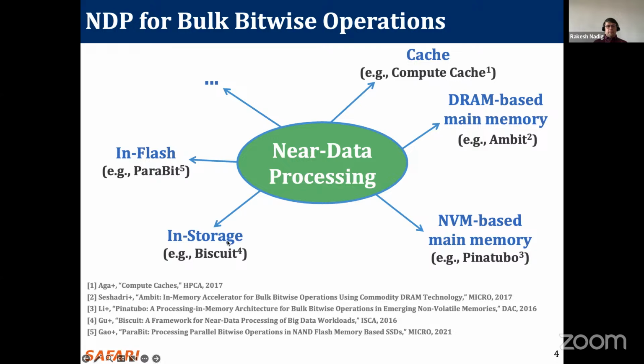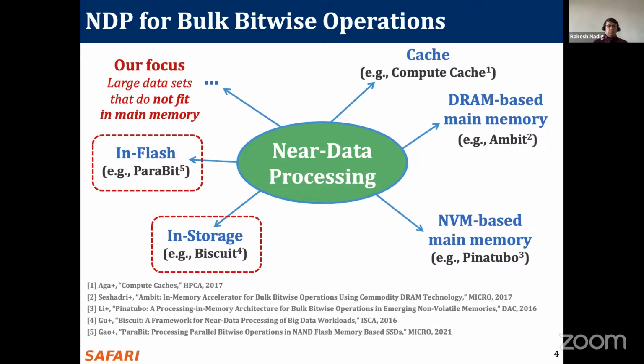We also have a prior work called Biscuit, which performs in-storage processing, which means that the computation is performed within the SSD using the SSD controller or the embedded cores available in the SSD. Then we have in-flash processing, where the recent prior work called ParaBit performs computation within the flash chips.